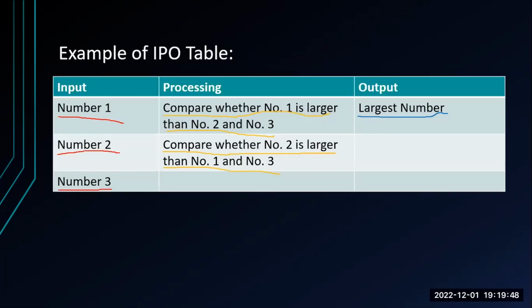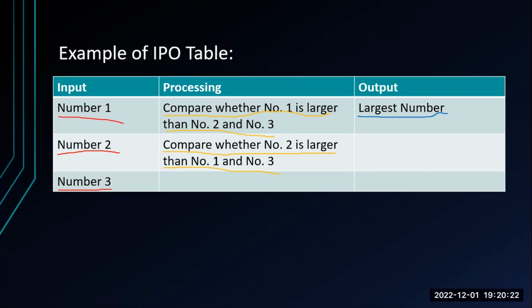So next, you'll draw up an IPO table to detail what your inputs and your processing and your output would be. So here on this table, I have number one, number two, and number three, your three integers that will be inputted. And then under processing, I have here compare whether number one is larger than number two and three.